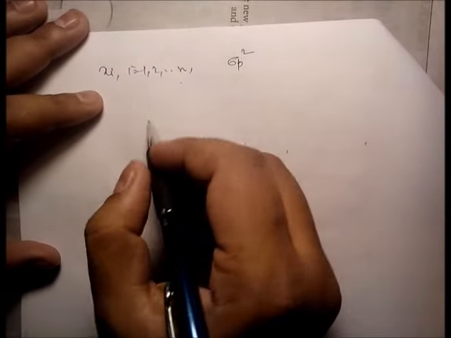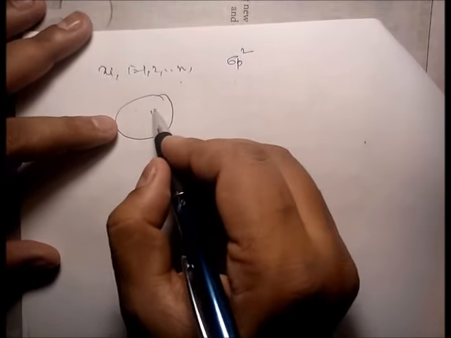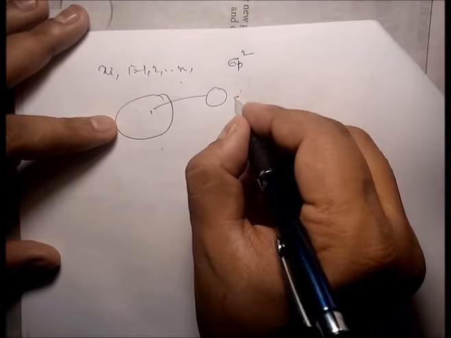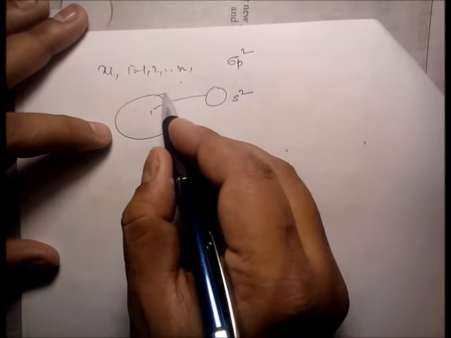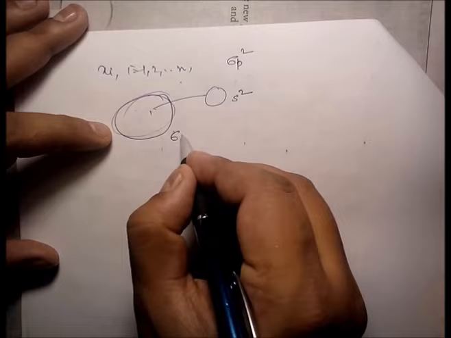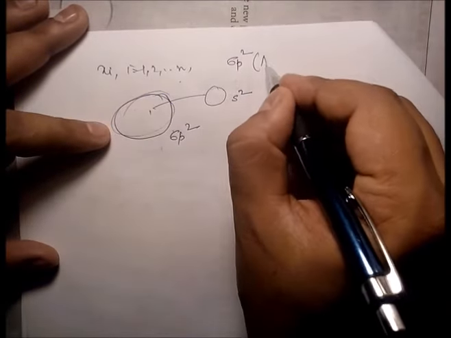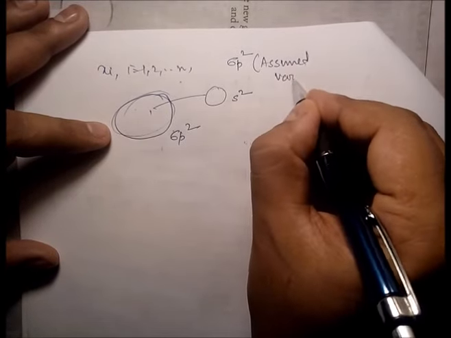So there is one population, we have taken one sample, and its sample variance is s square, and we have to check whether this population variance is similar to sigma p square or not. So sigma p square is our assumed variance.